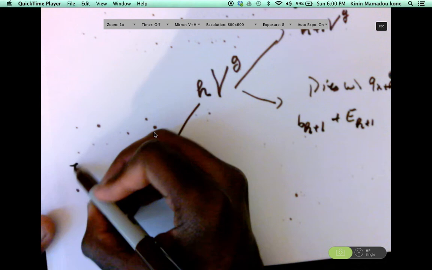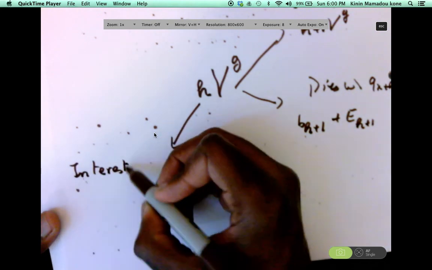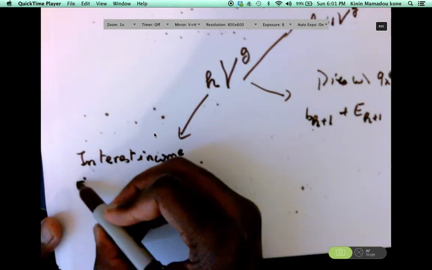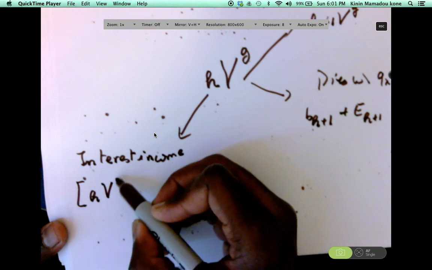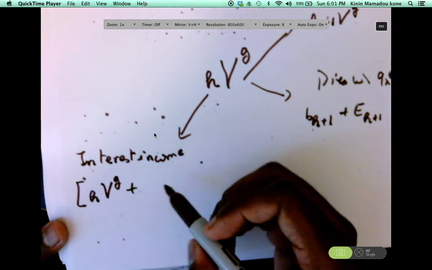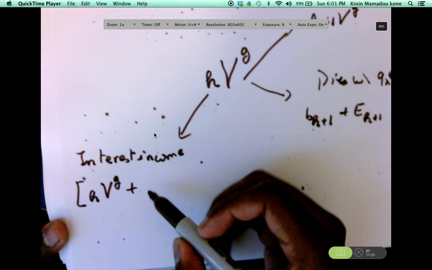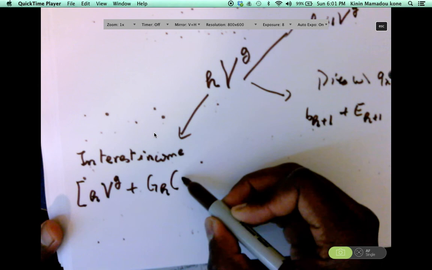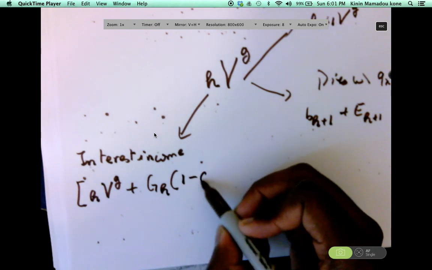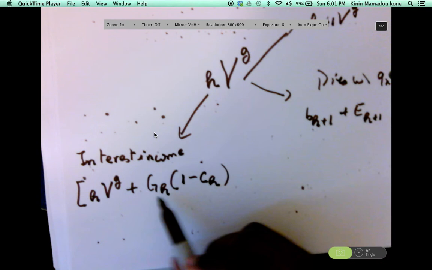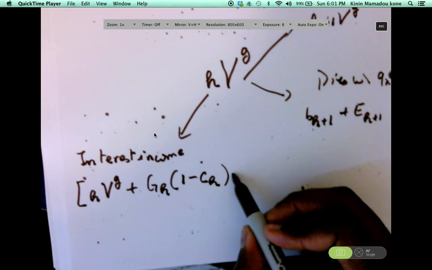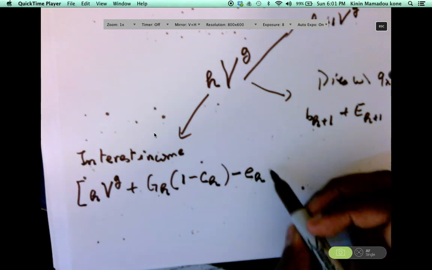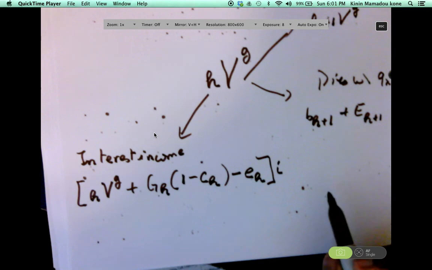In that case there is also something called the interest income, which is equal to the premium plus reserve multiplied by interest. If you're asked to find interest income, we do the premium times 1 minus the percentage minus the policy expense at time h, multiplied by the interest.